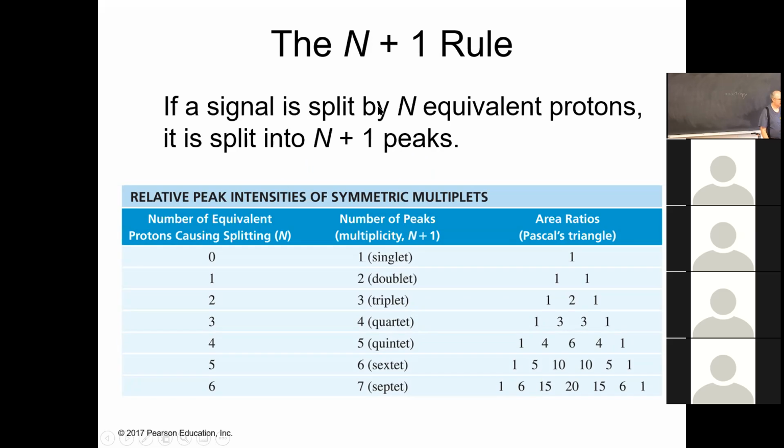Okay, so the n+1 rule says that if a signal is split by n equivalent protons, it will be split into n+1 peaks. So if there are no adjacent hydrogens, 0 plus 1 would be 1.